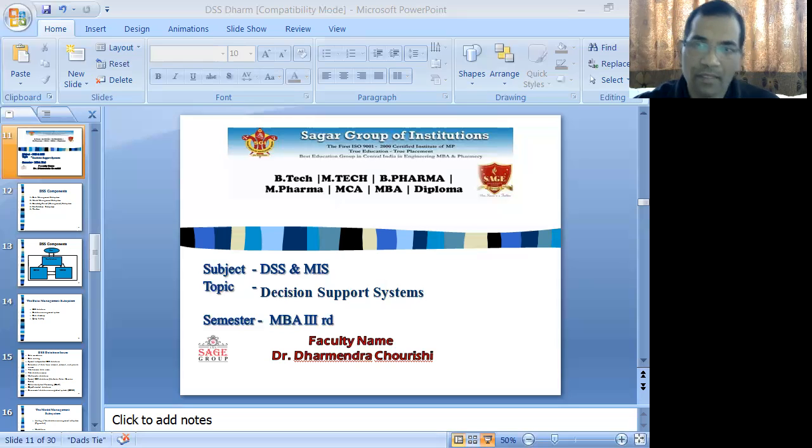Model management, for different levels, we can use data: strategical, managerial, and operational. We can divide these things. Modeling language, like maybe we can use some language or format or writing pattern for accessing data. For example, some query could be written in SQL, or you can write some commands in Python nowadays.